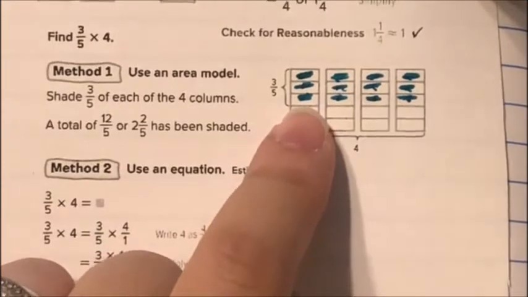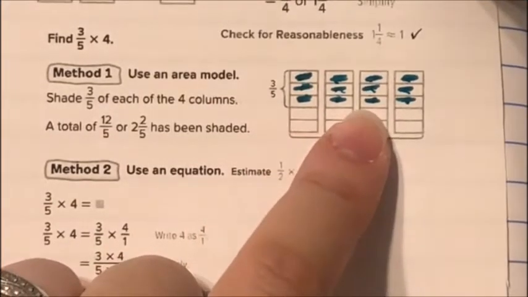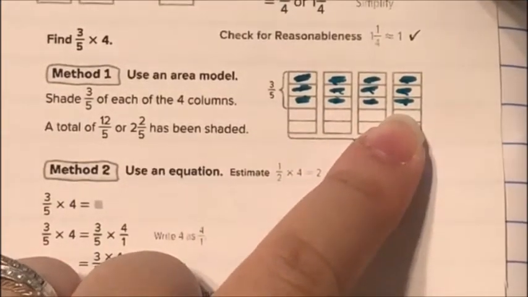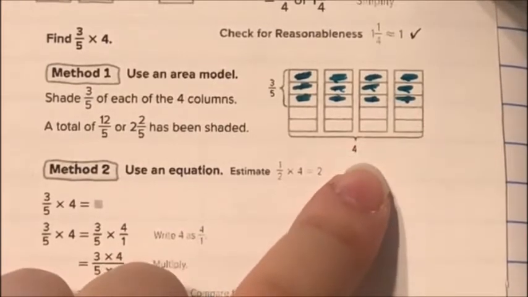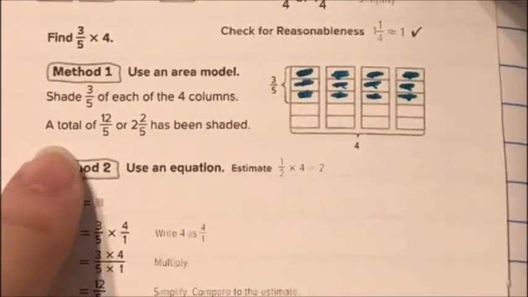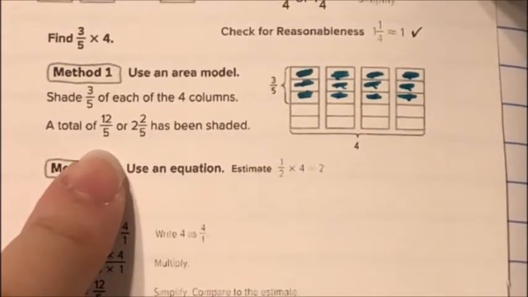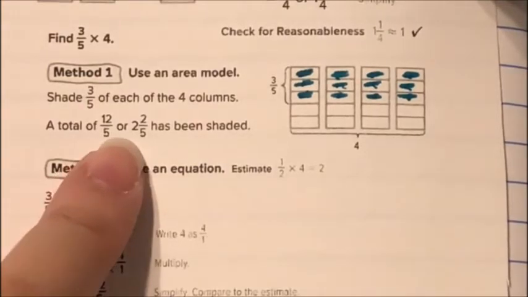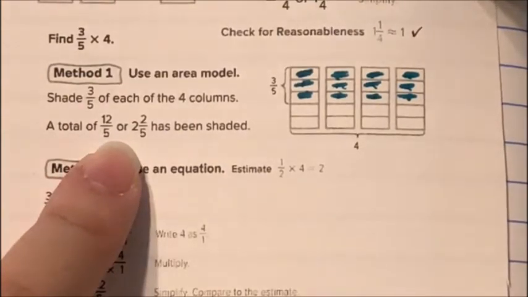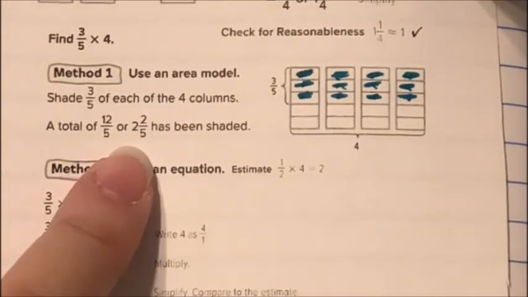So there are 3, 6, 9, 12 that are shaded out of the 5 that are here. So a total of 12/5, or I can rewrite that as a mixed number of 2 and 2/5.